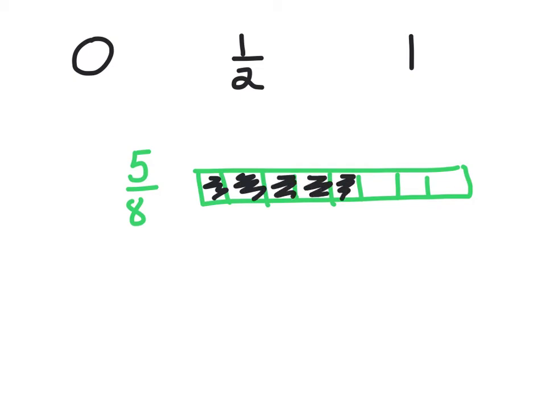So now when I look at my bar model, I know that this right here is my halfway point. If this is my halfway point, I can see I have just a little bit more than a half. So we would say 5/8 would be pretty close to having a half, but it would be a little bit more.